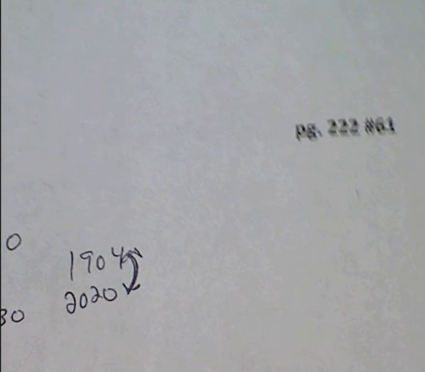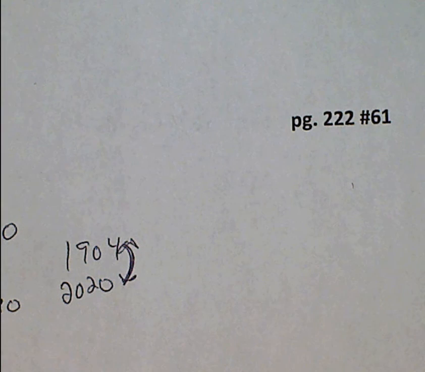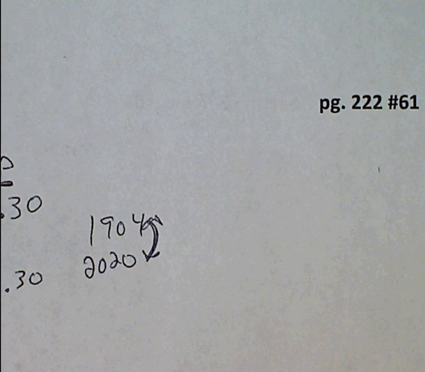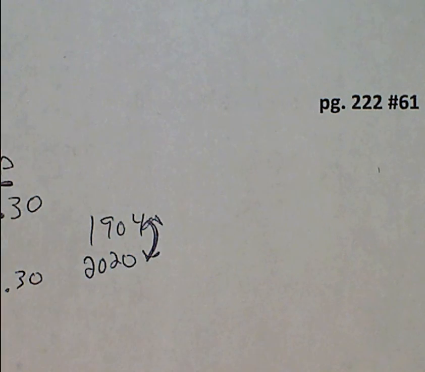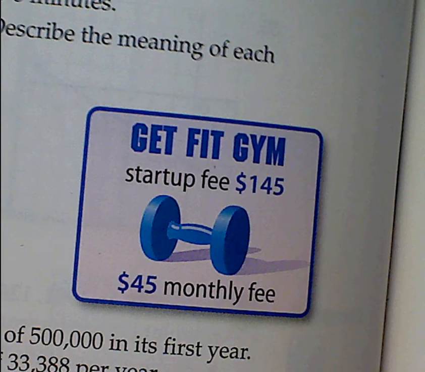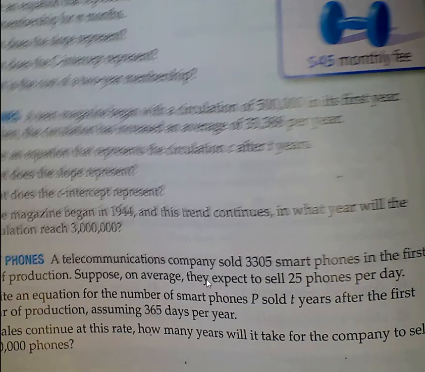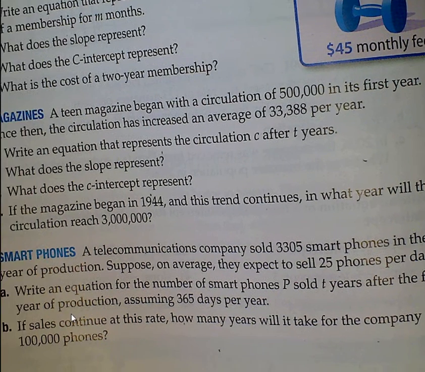Here we go. Page 222, number 61. It says a telecommunications company sold 3,305 smartphones in the first year of production.